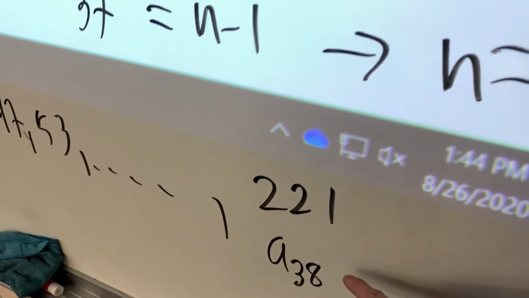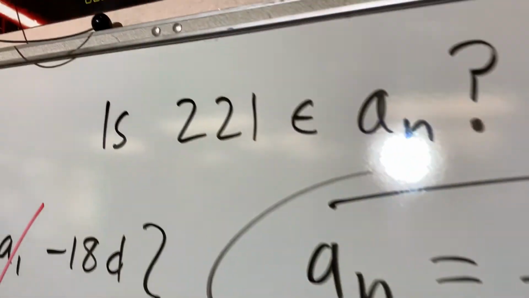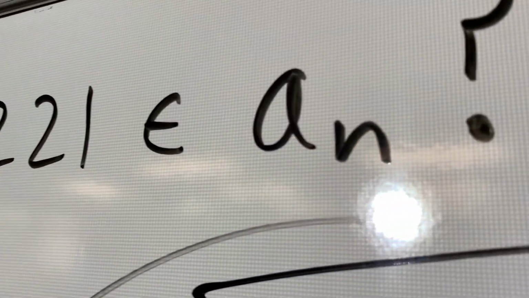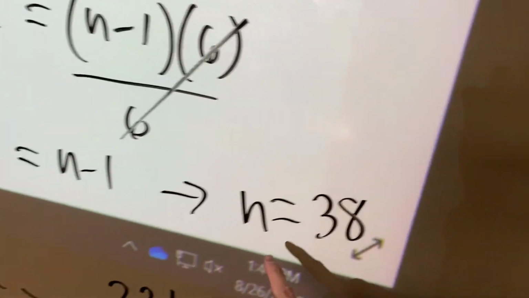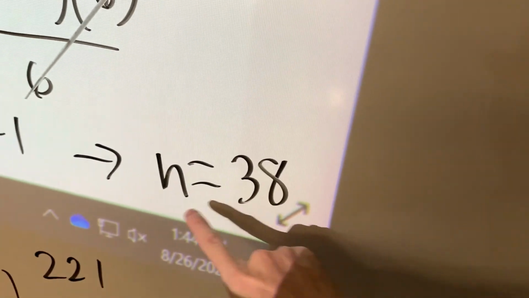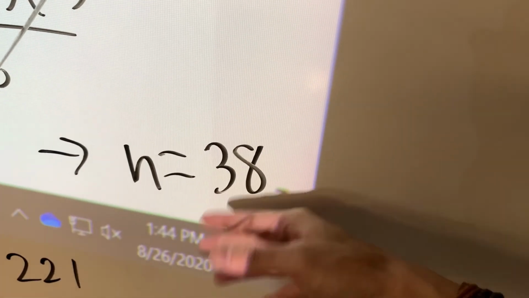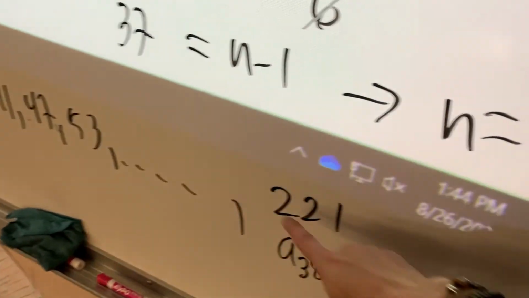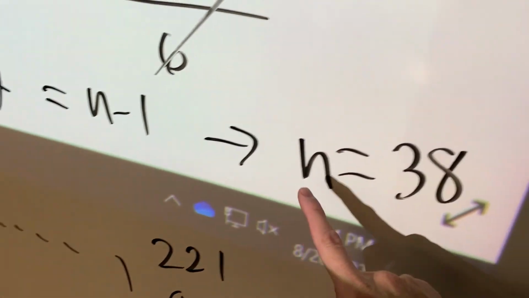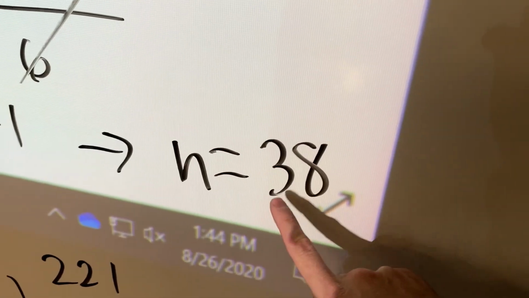And the reason that my answer is yes to this question, is 221 an element of this sequence? The answer was yes, because of the fact that n was an integer. If n was anything other than like a decimal or something weird like that, then it would have been no. That would not have been a member of this sequence.